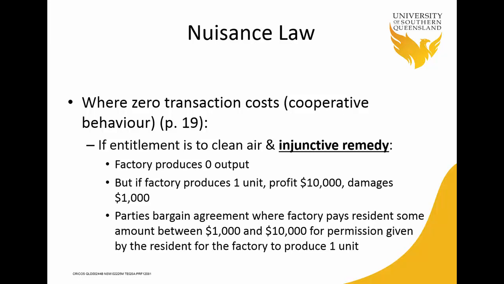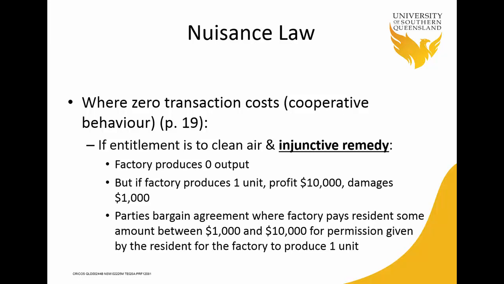But then the factory might decide to still pollute. If they do so, then there's an injunctive remedy open to the victim. They can go to court and say to the court, please stop this factory from producing, right? This is the setup we're looking at. So the factory will produce at 0 output, because if they produce above that, then the victim would go to court and get an injunction and stop the factory from producing.